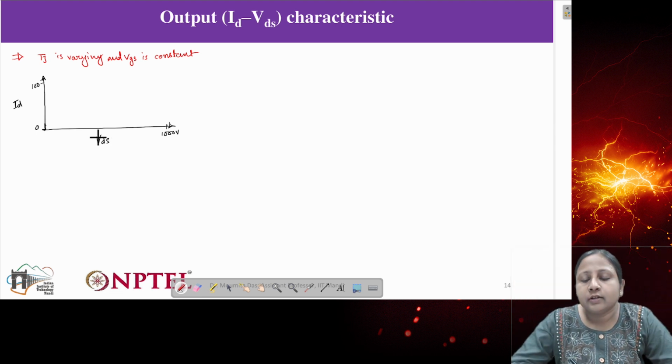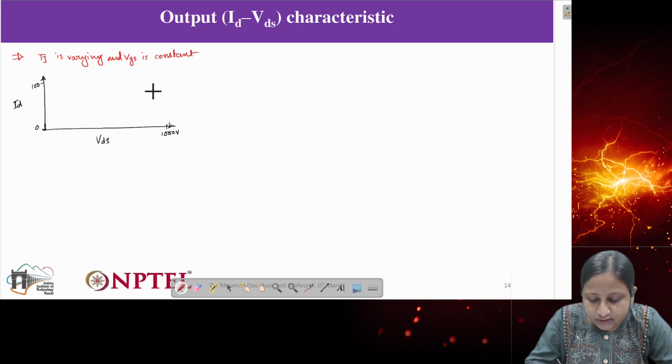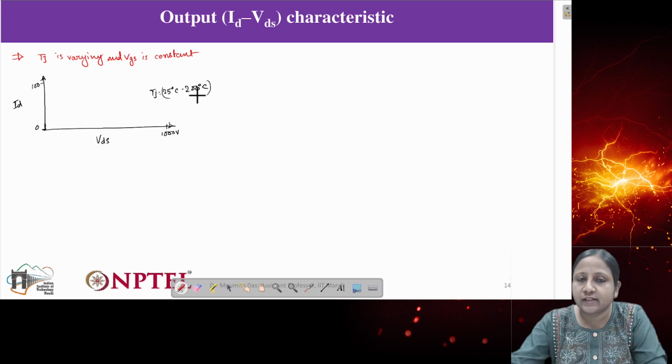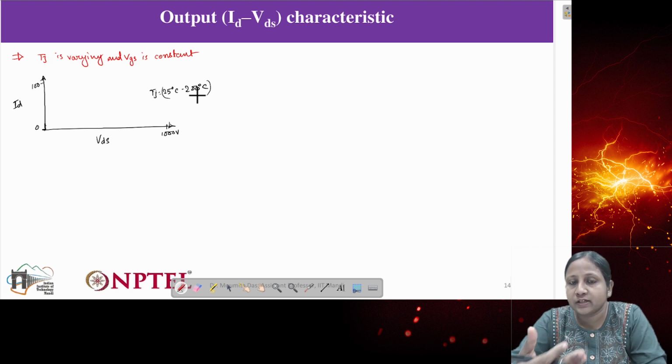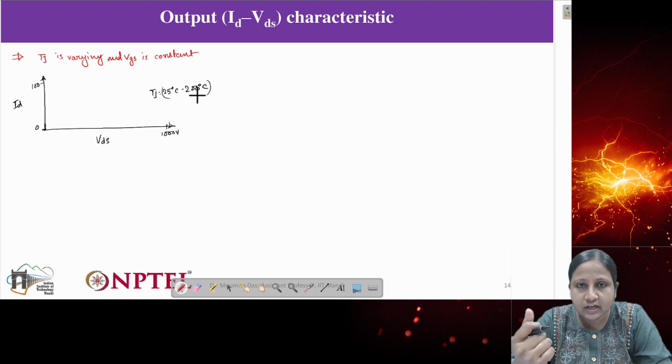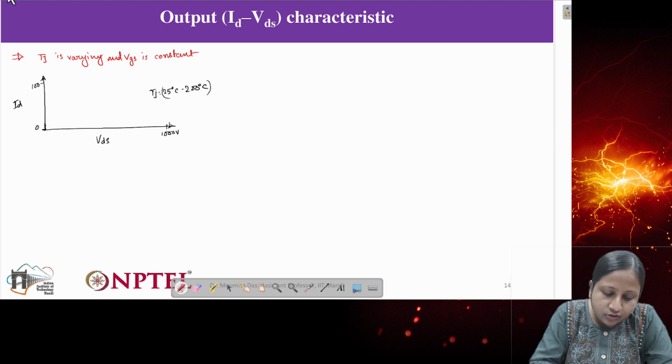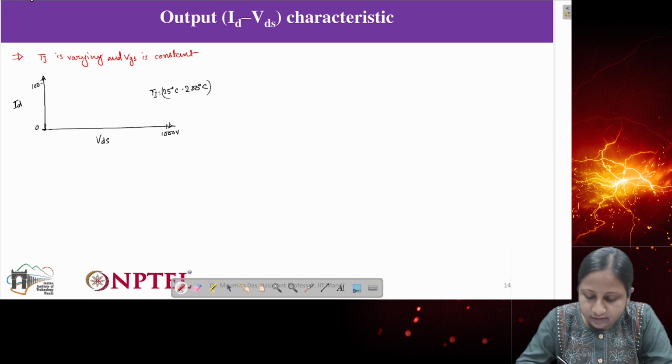Now let's say the conditions we are considering have Tj varying from 25 degrees Celsius to 200 degrees Celsius. So we can have sets of characteristics: one at 25 degrees Celsius, another at 50, another at 75, then 100, and like this we can get the characteristics up to 200. So how will it look?